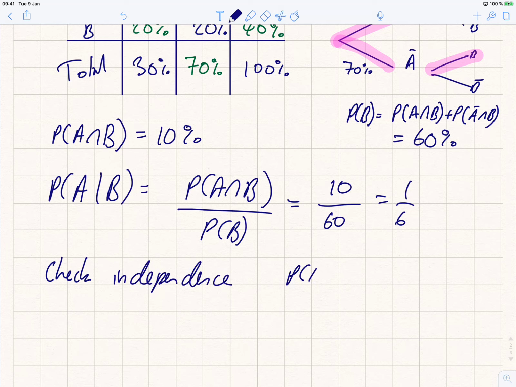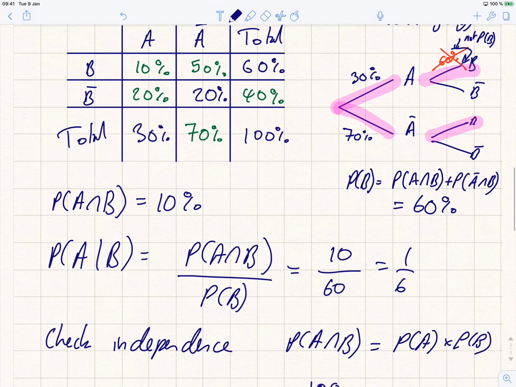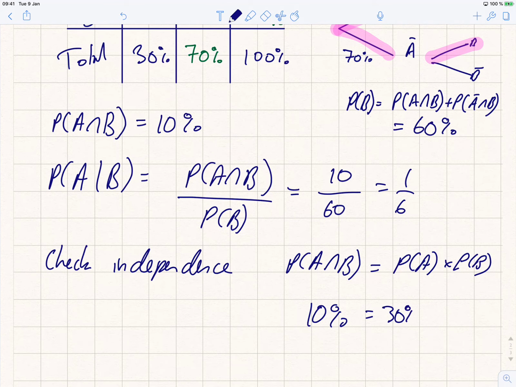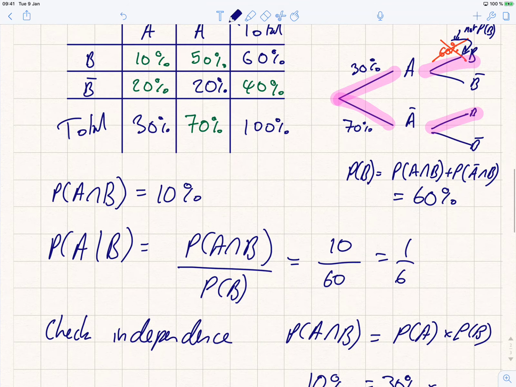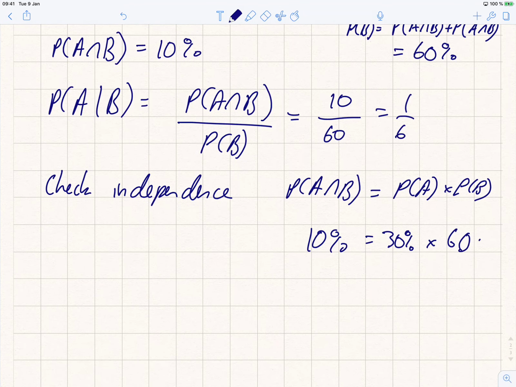We can see that P(A and B) should equal P(A) times P(B). We know that A and B is 10%, whereas the probability of A is 30% and the probability of B is 60%. Well, 10% is not equal to 18%, so not independent.